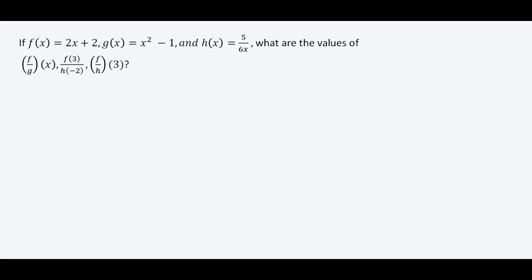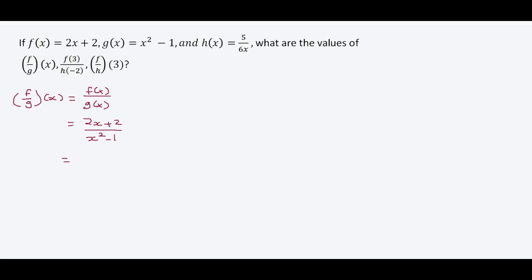We have f of x here, g of x, and then we have h of x. So let's look at f over g of x. This is going to give us f of x divided by g of x. And now we have 2x plus 2 over x squared minus 1.